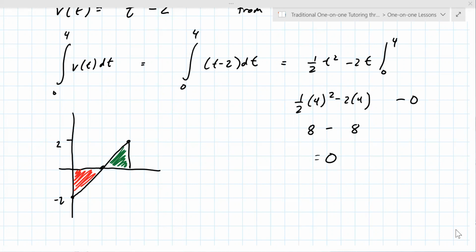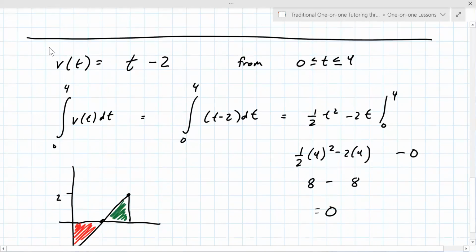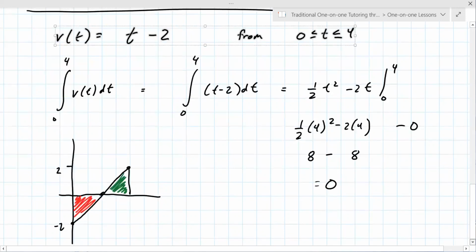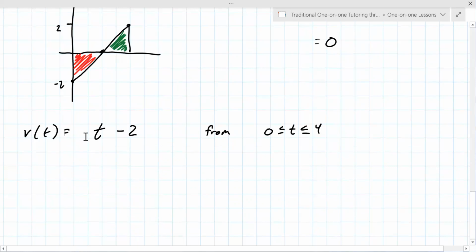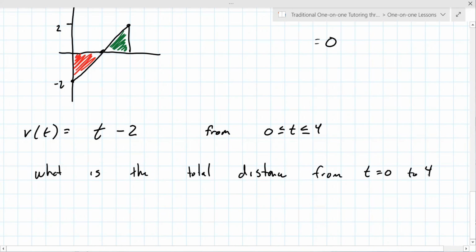All right, now what you're more likely to be asked is the distance. It's the same setup here, but it would say, what is the total distance? And they don't even have to say total, but they can just say total distance from t equals 0 to 4.